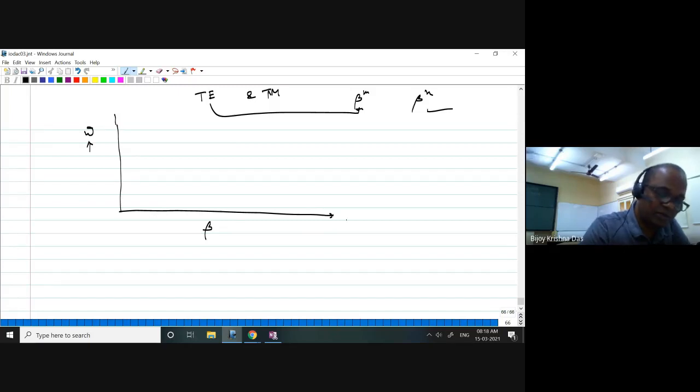Now to do this, I need to use the beta and omega relationship. Normally omega equals C by n effective times beta. Is that correct? This equation is okay?